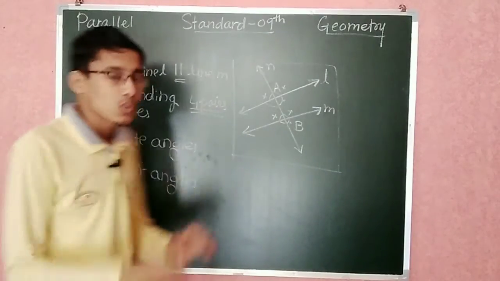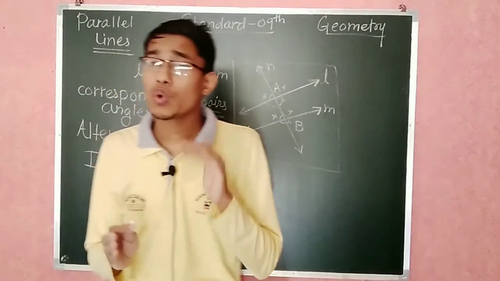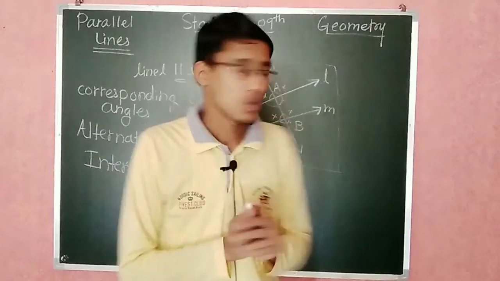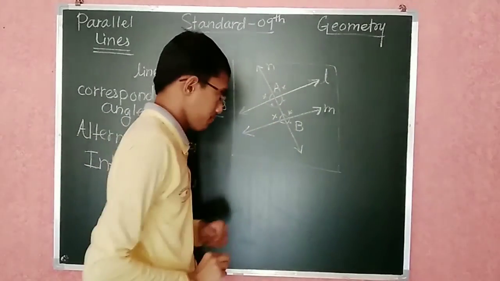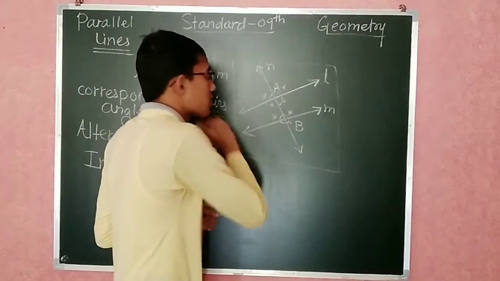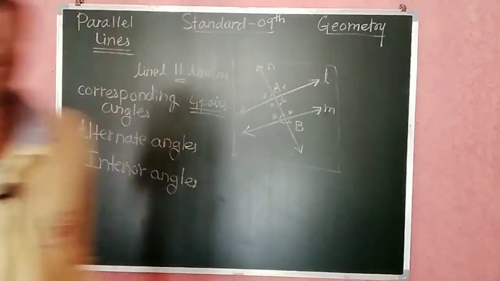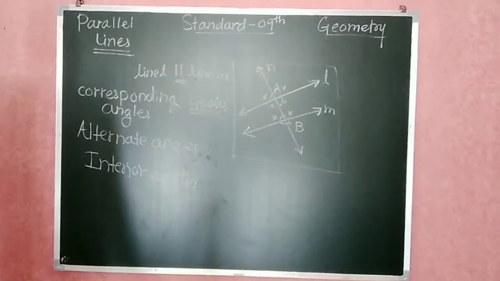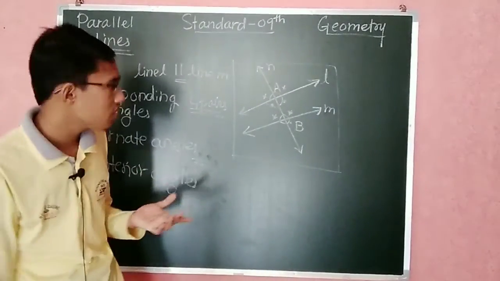Then what is an alternate angle? These are the angles formed below the line and on the alternate side of the transversal. This angle and this angle are alternate angles. This angle and this angle are also alternate angles. There are two types of alternate angles. One is interior alternate angles, which I have shown right now.